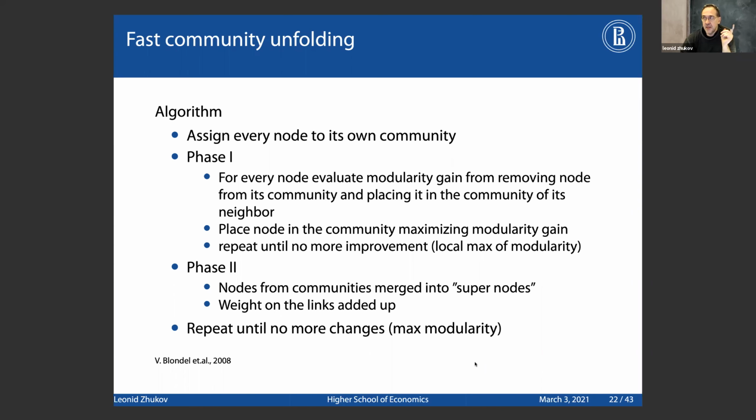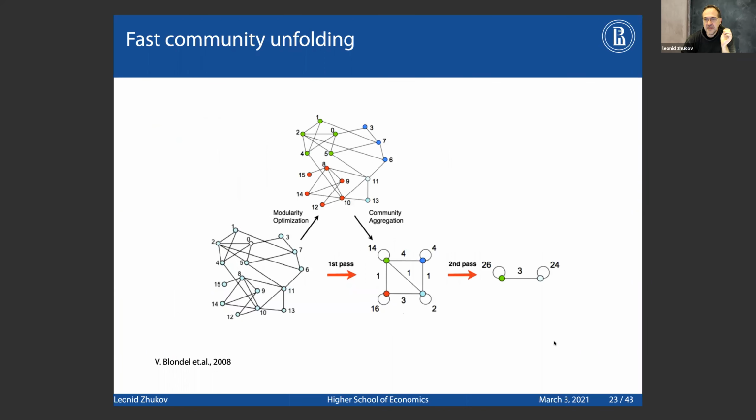Now, if you think about this, you realize that in this algorithm, it really depends on how you start it, right? It might give you different results, because if you start with node 2, it might look at nodes 2, 1, and 4, and say node 2 is best with node 1, and then we compare it with other nodes, and we get a certain clustering.